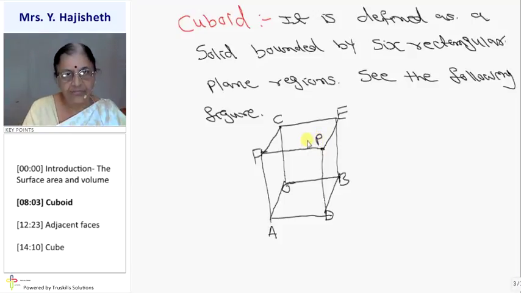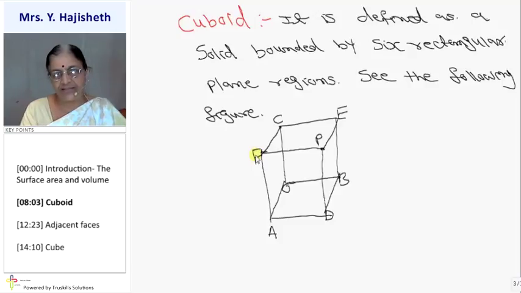You can see there are 6 faces. Do you see them? One is OADB and PFC. They are just 2 parallel plane regions. Then this side PDB, see in the figure, and OAFC, that is another 2 faces.